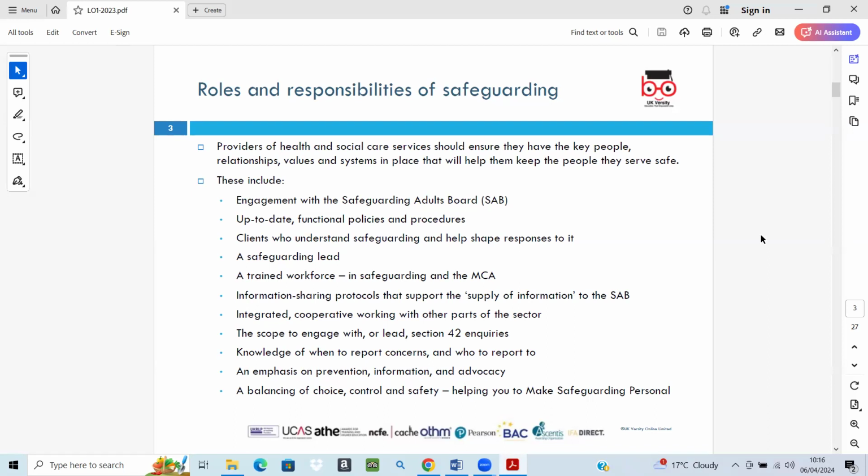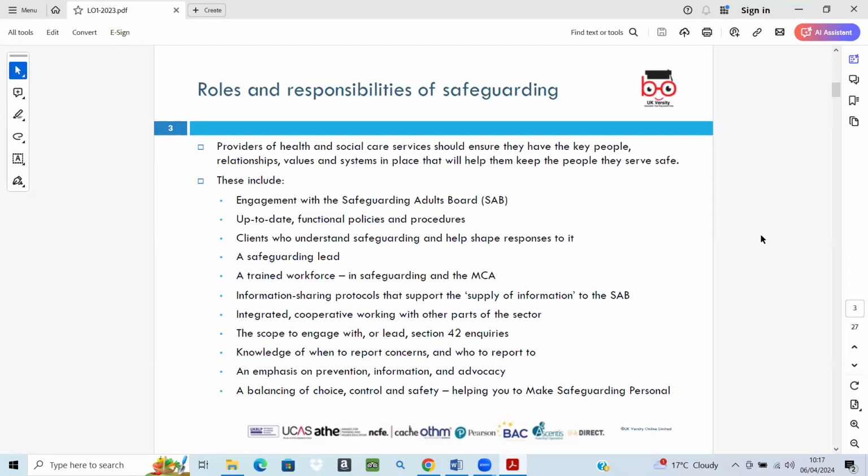Now we'll discuss the safeguarding lead. Every organization should have a designated safeguarding lead. This person would coordinate safeguarding activities, ensure staff understand their responsibilities, and act as a point of contact for concerns.